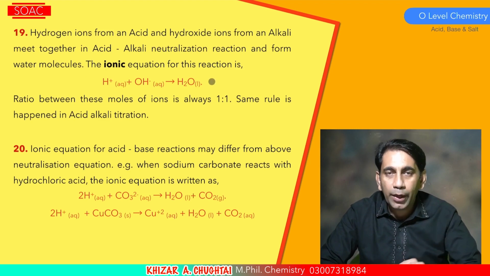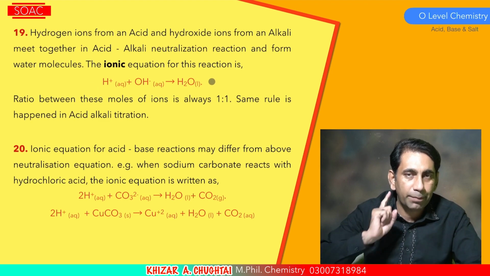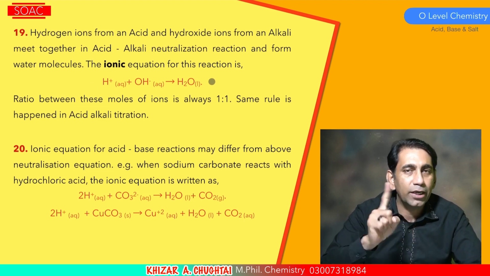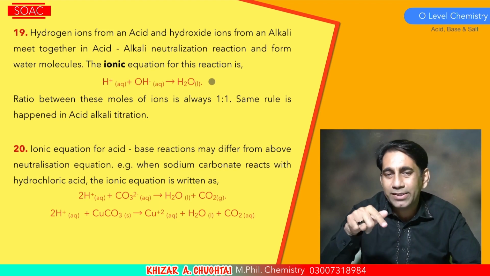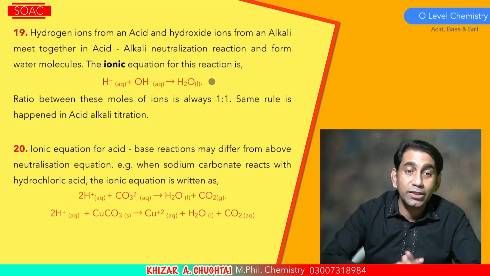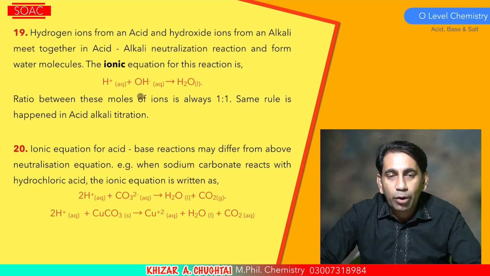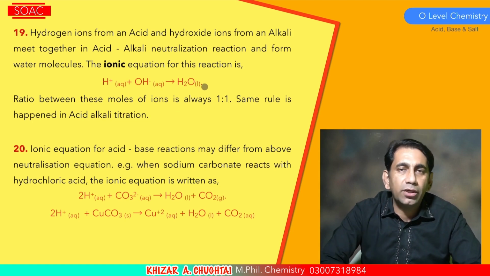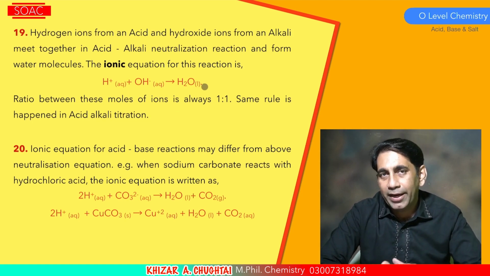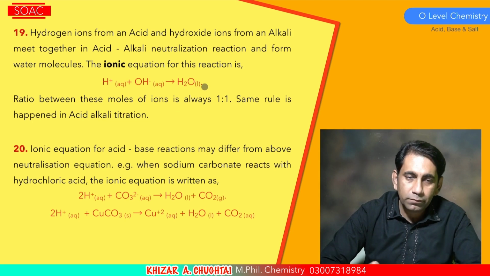This is the common ionic equation for all types of acid and alkali, not the base. It is also indicating that there is a combination of equal moles of H positive ion and OH negative ion. I mean a 1:1 combination of the moles of OH negative ion and H positive ion is over here.